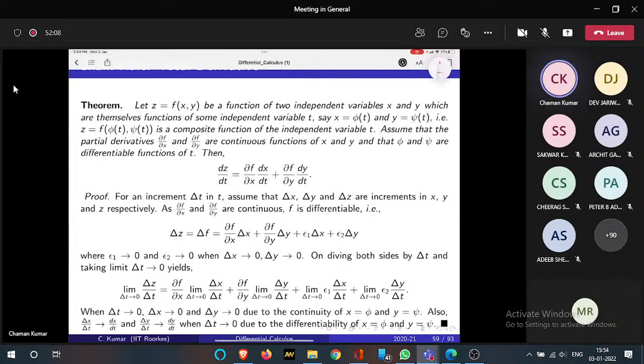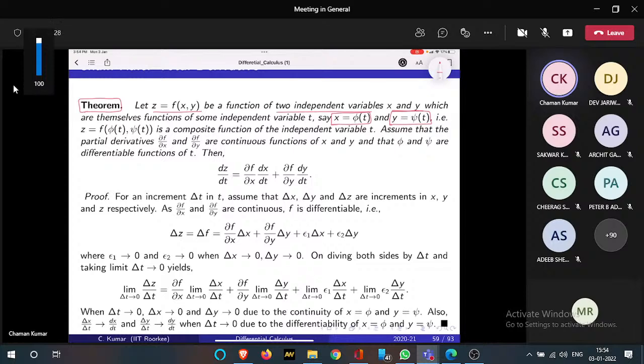Okay, so now let us go to this chain rule. Consider a function of two variables x and y, and let us assume that x is itself a function of another variable t, and y is also a function of t.